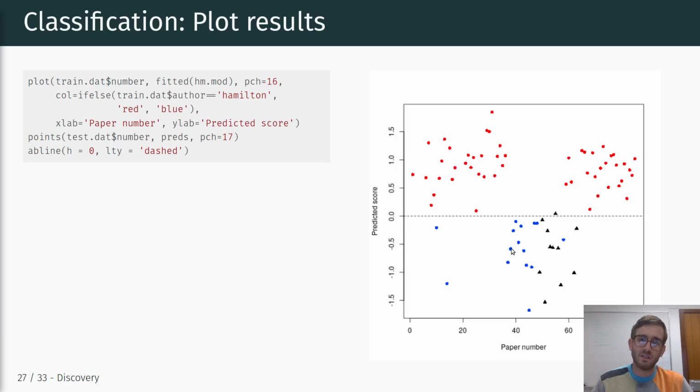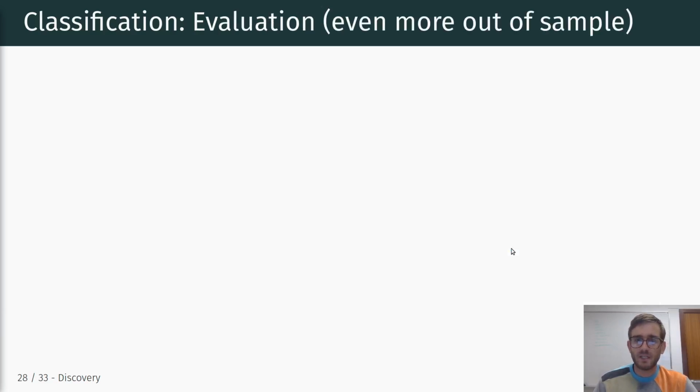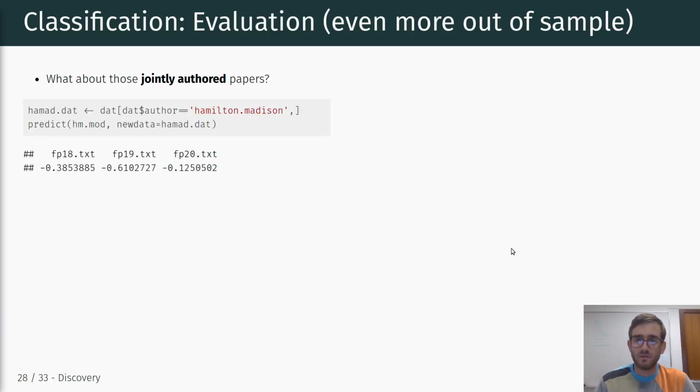How convinced are we that we correctly predict each of those essays to be written by Madison? There are a couple of different ways of looking at this to examine these out-of-sample predictions and try to assess their quality.